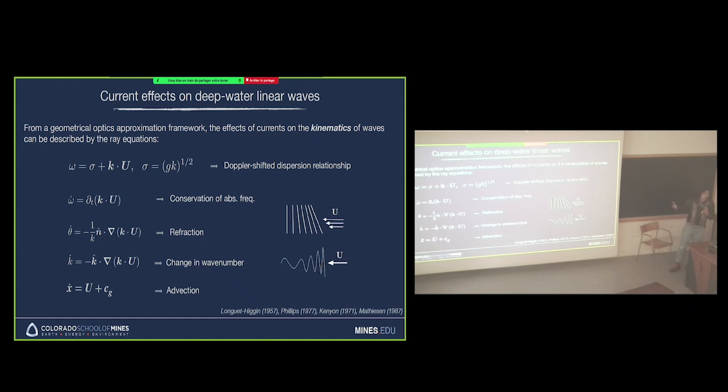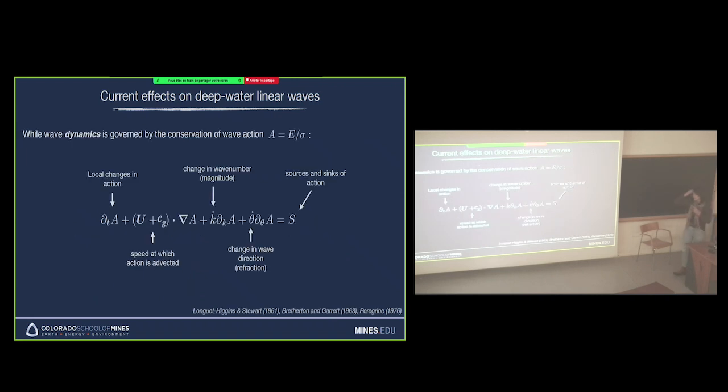Since I mentioned action, although the kinematics of this system can be described by the ray equations, the dynamics are governed by the conservation of wave action, which is the ratio between the energy and the intrinsic frequency. This equation is written in a very wave-model-like way.